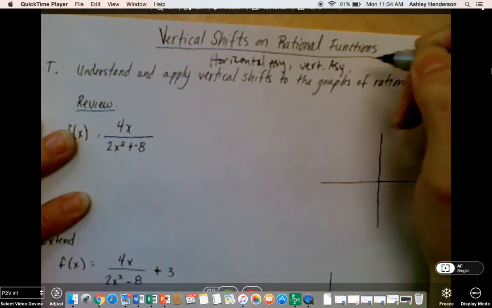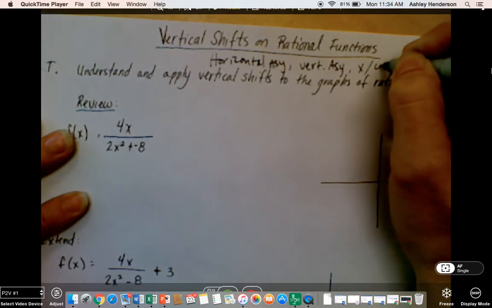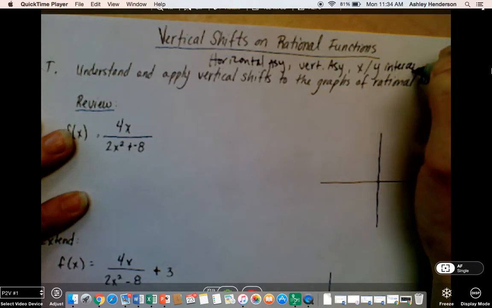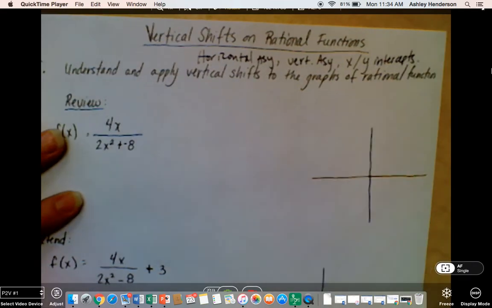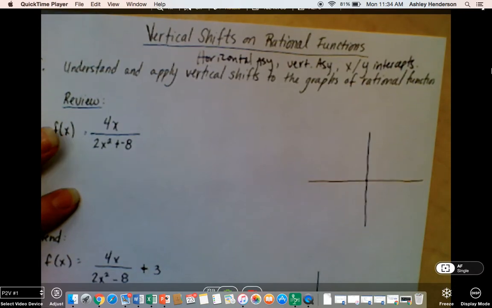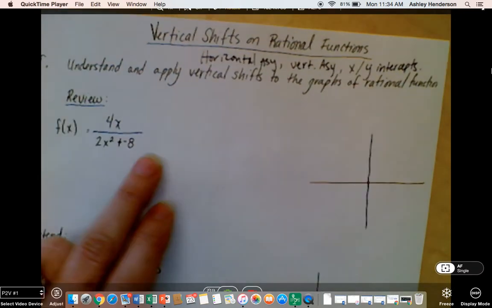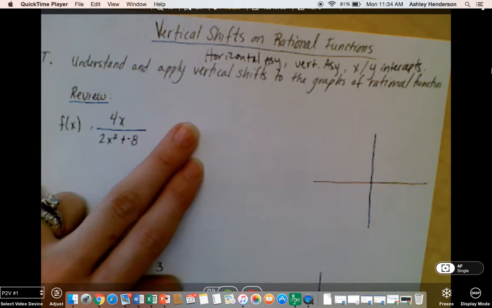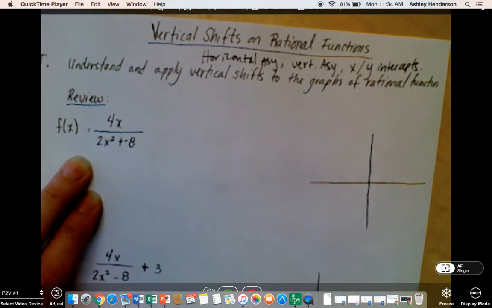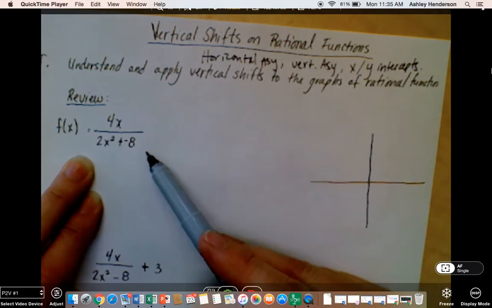We've talked about our x and our y intercepts. And from here, the last thing that we can do is say, well, what happens if I find all that stuff, but I move it up a certain amount? So let's review graphing the following features that we just discussed for this guy right here.